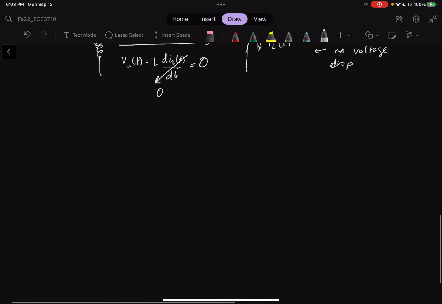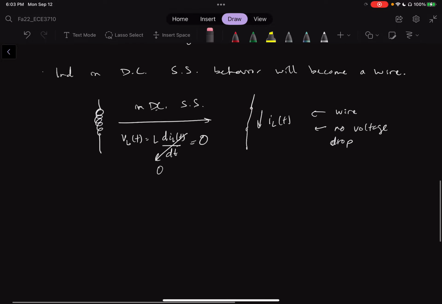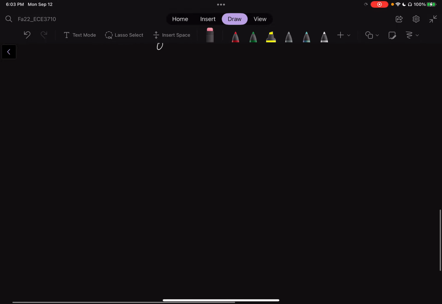Now, moving forward, what do we mean by continuity? Before we talk about continuity, let's talk about switching. Switches. Okay.